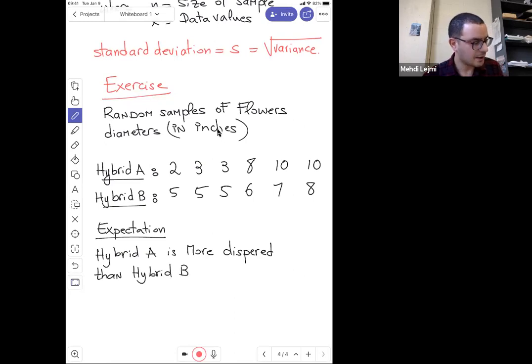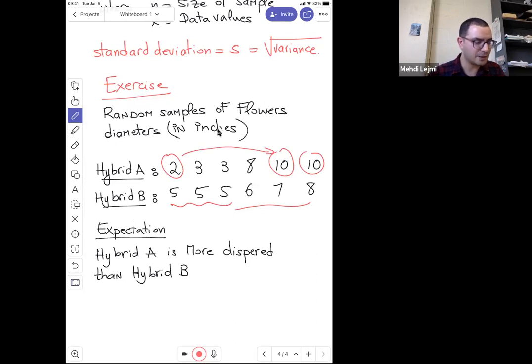As you can see from the numbers, in hybrid B you have 3 flowers with the same diameter, and then the next flowers are 6, 7, 8, which is kind of close to 5. But in hybrid A, you go from 2 to 10 as diameter. So there's a big jump here from 2 to 10 compared to 5 to 8.